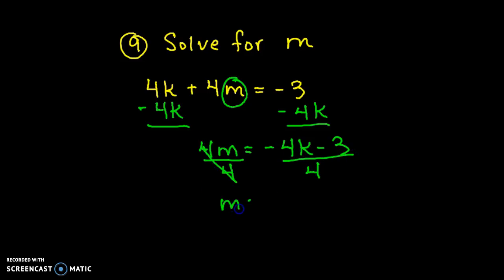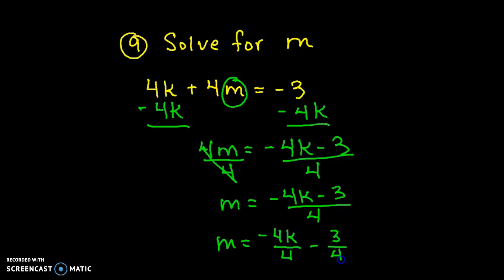Cancel out. m is going to be equal to negative 4k minus 3 divided by 4. So when I split my terms, I've got m is equal to negative 4k divided by 4 minus 3 divided by 4, which can be further simplified to m is equal to negative k minus 3/4.